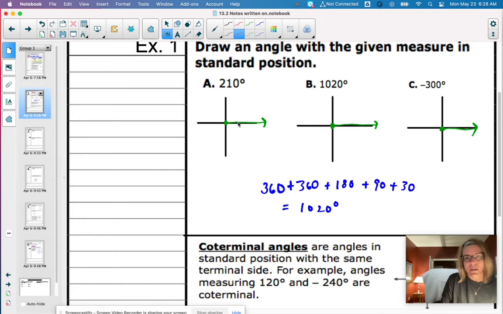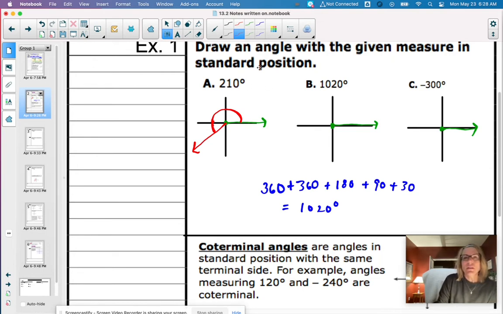I usually start about right here because you might have to do a bunch of different circles around, and you'll see that on B. From here to here is 90, from here to here is 180, and I have to travel a little bit more to get to 210. And there is our angle.